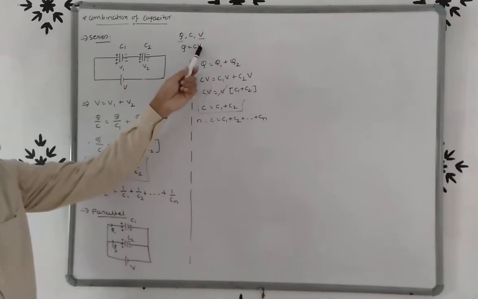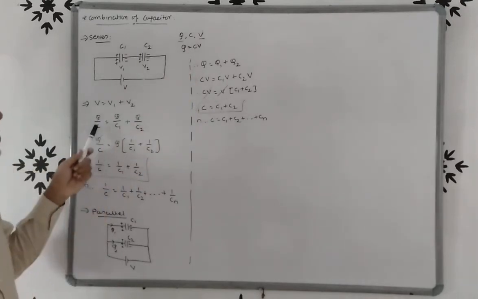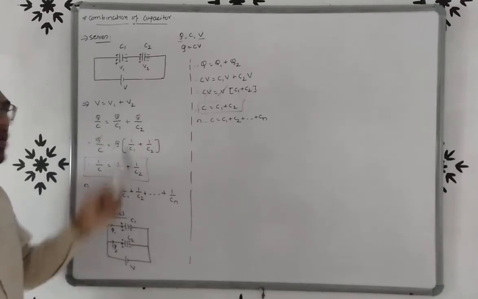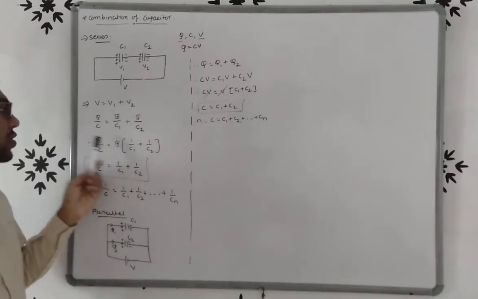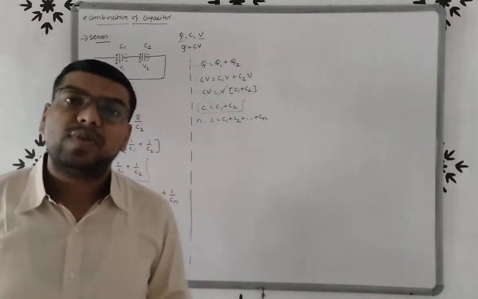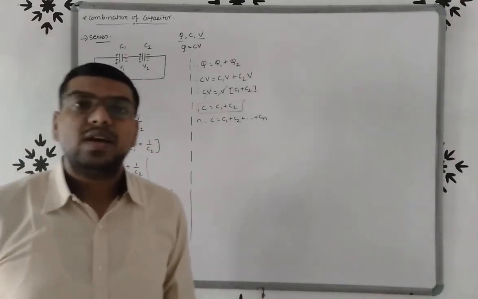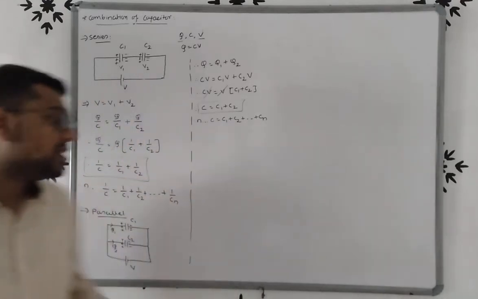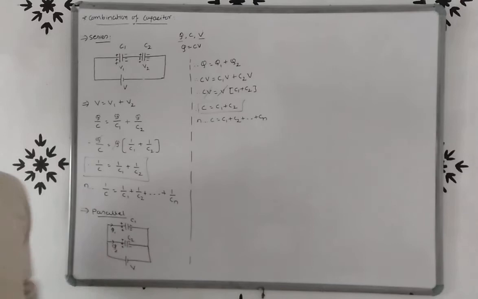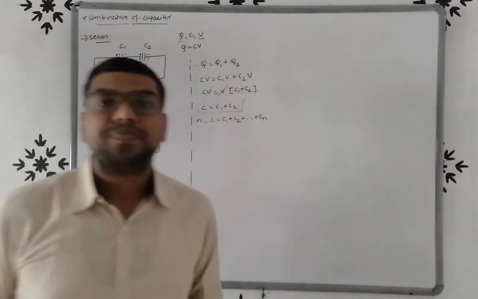But we know that V is equal to Q by C. So Q by C is equal to Q by C1 plus Q by C2. We take Q common, so Q cancels. So for series combination 1 by C is equal to 1 by C1 plus 1 by C2. If there are n number of capacitors, then 1 by C is equal to 1 by C1 plus 1 by C2 and so on up to 1 by Cn.